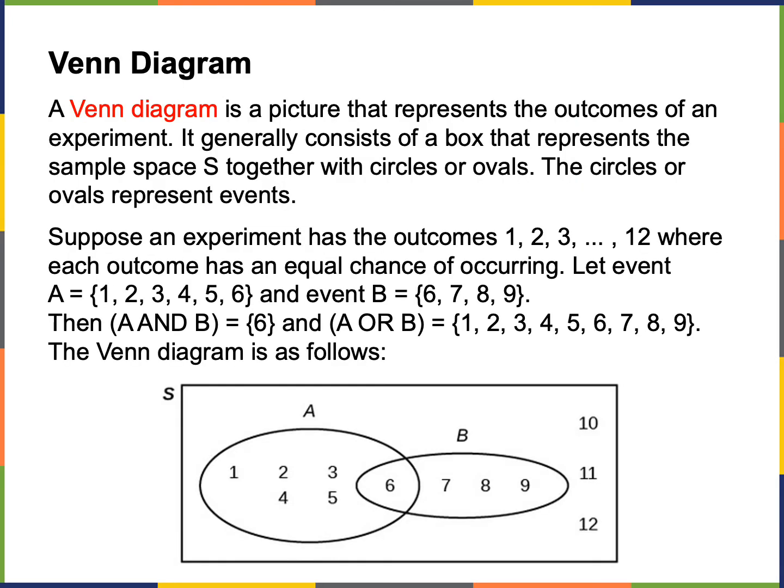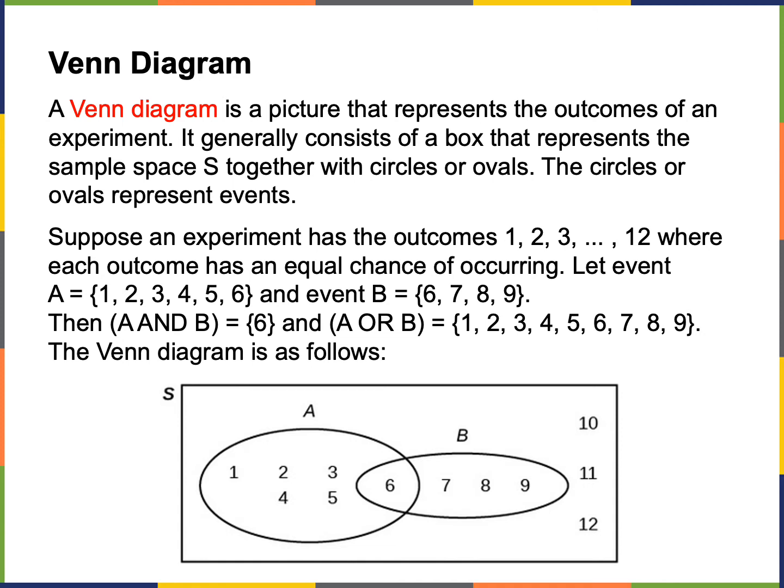Now let's talk a little bit about Venn diagrams. What is a Venn diagram? We talked about that earlier, so we're just reintroducing it. We have a box that represents everybody, the sample space, and then you have two circles or ovals, and these represent events.